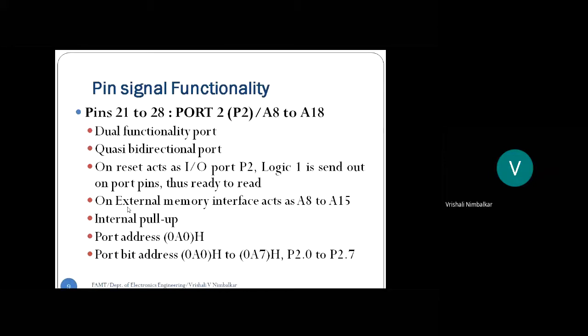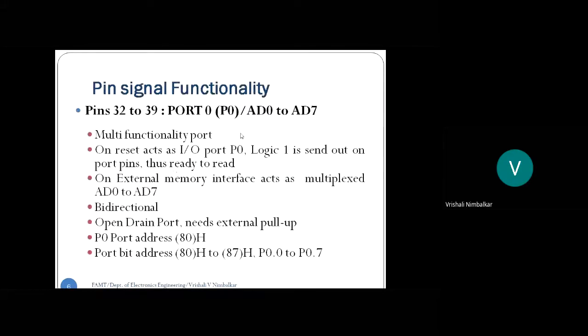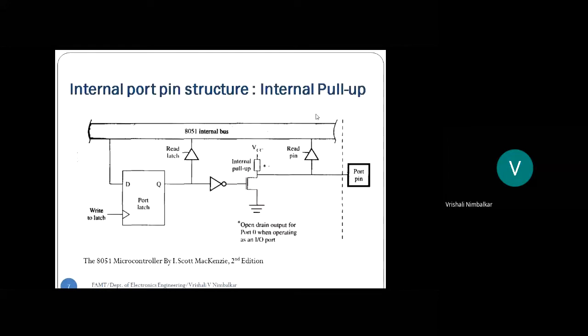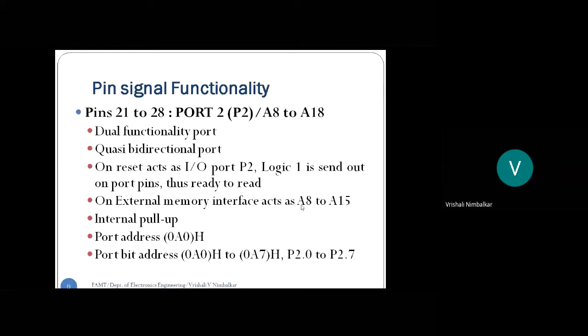When we interface or connect some external memory, automatically P2 starts functioning as address lines, A8 to A15. So that's the higher order address. Port 0 had A0 to A7, the lower address, and port 2 has the upper address, A8 to A15. Fine.